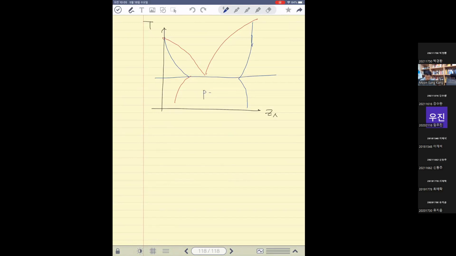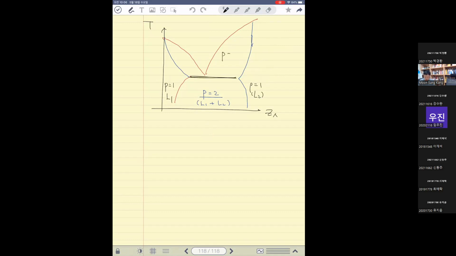Here you have two phases, liquid 1 and liquid 2, so they are a liquid mixture. And here I have a single phase, and that's liquid 2 phase. This is liquid 1 phase, where I don't really need to have a line here. I need a line here.